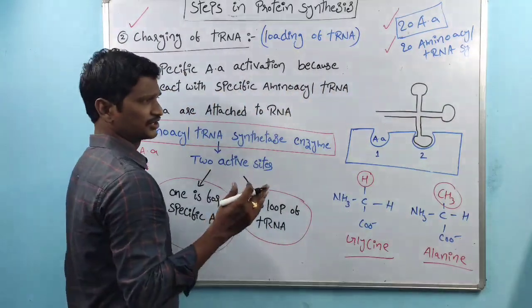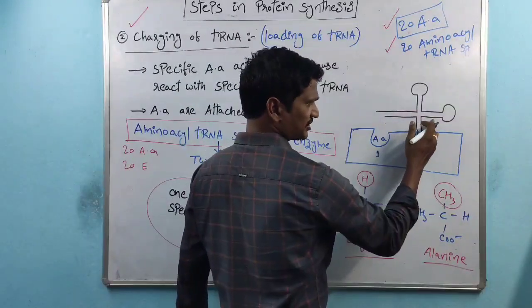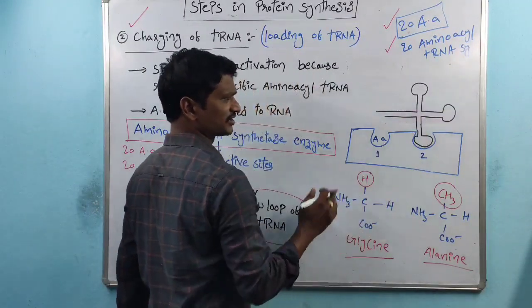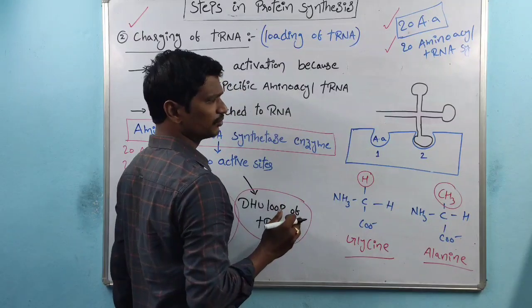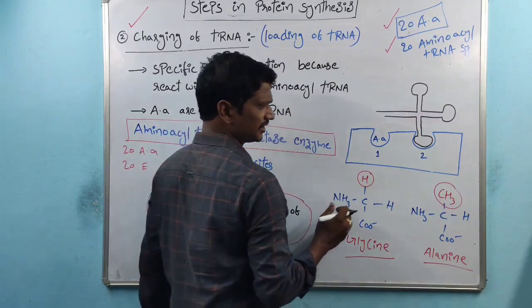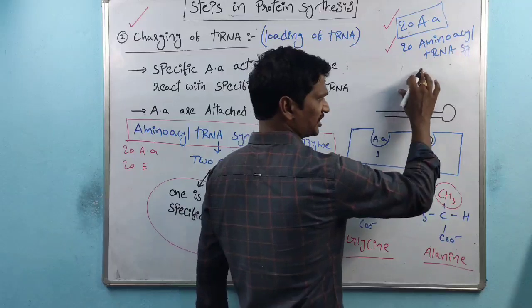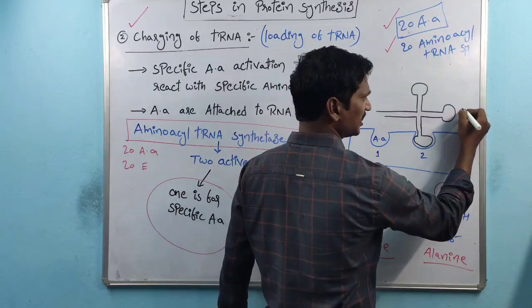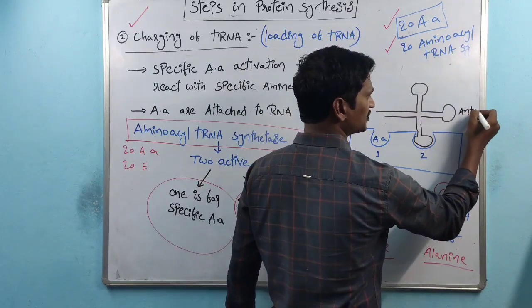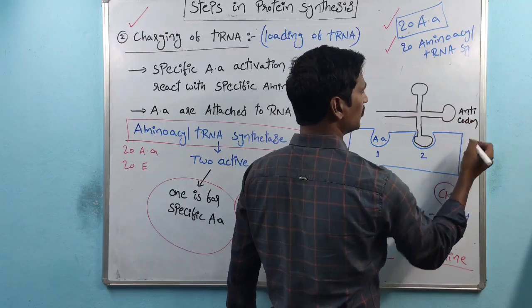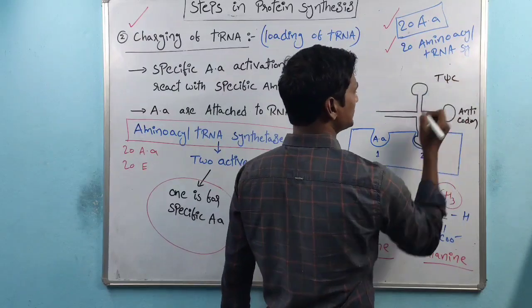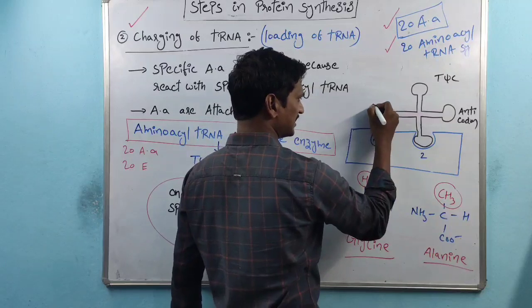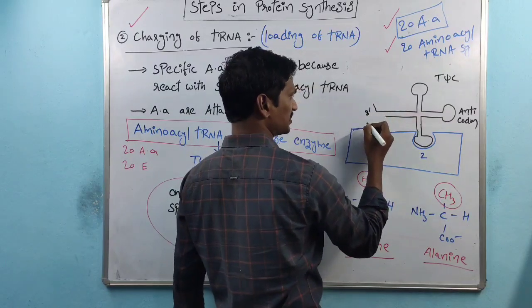This is one of the tRNA structures. How does the loading take place? We already discussed that tRNA has 3 arms. This is the anticodon arm, and this is the T psi C arm, right? Exactly here, the 3' hydroxyl group is present.